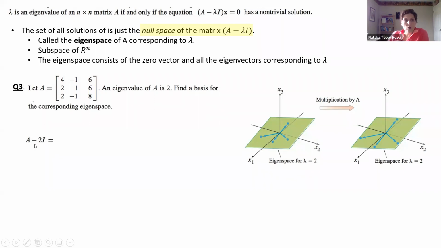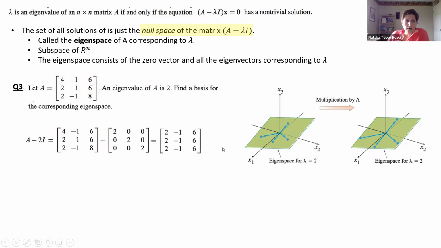We know that our eigenvalue is equal to 2, so we take our matrix A and subtract 2 times the identity matrix. Here we have a 3 by 3 identity matrix, and 2 times the identity matrix is just a matrix which has 2 on the main diagonal, and the rest is 0. So it's pretty easy to subtract, and we have this nifty looking matrix.